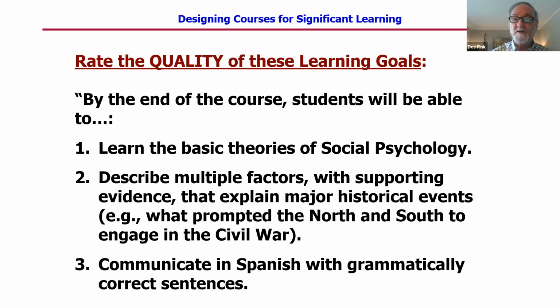Presumably, one of the other things they want them to do is identify the implications of an event. That is, what effect did that event have on things thereafter? If I'm a student in that course, they're going to give me an event. They're going to want me to write an essay in which I describe one, two, three, four, five, whatever factors with supporting evidence. I've got to learn what constitutes good evidence and how that links to explanatory power, et cetera. I really think that's what a lot of history professors do want them to do. And if I were a student, this would help me understand what they want me to do.